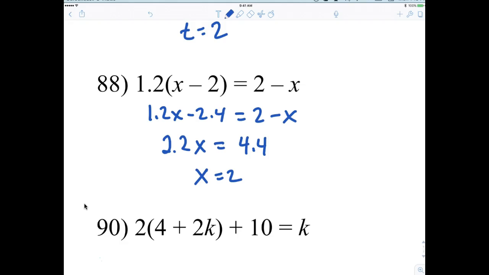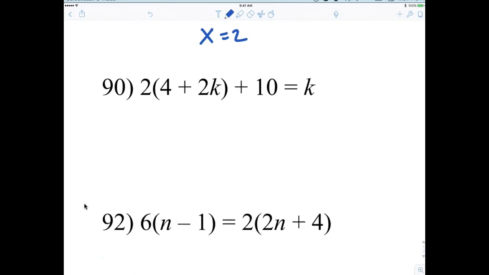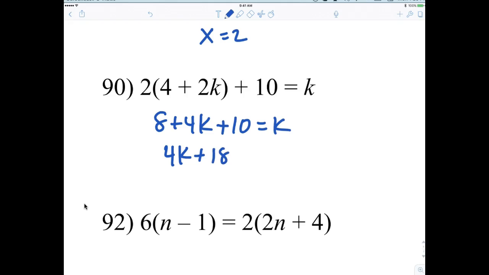Yes. All right, let's check out 90. Let's distribute here. So far, so good.